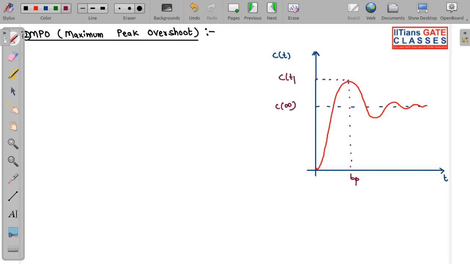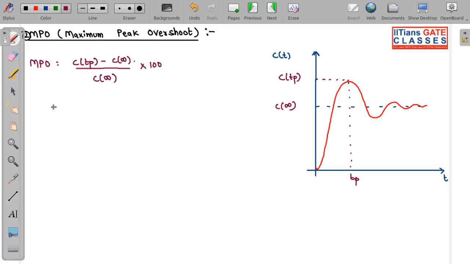So this is C(Tp). So maximum peak overshoot is given by C(Tp) minus C infinite divided by C infinite, and if you want it in percentage, then into 100.